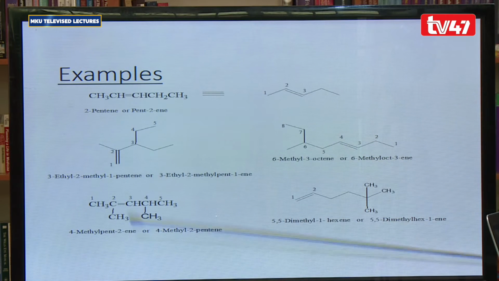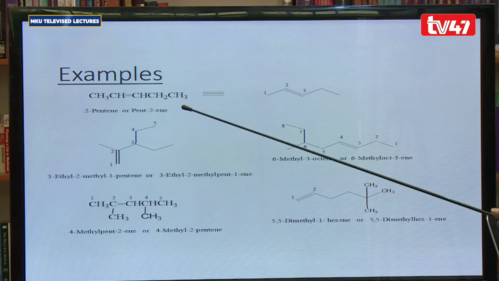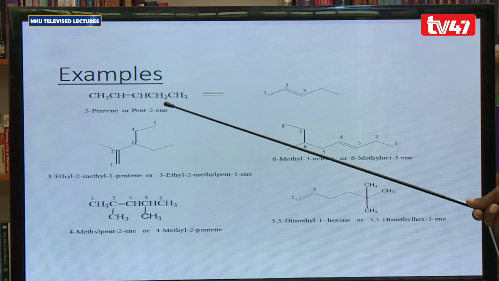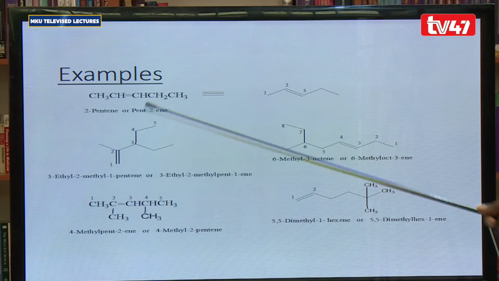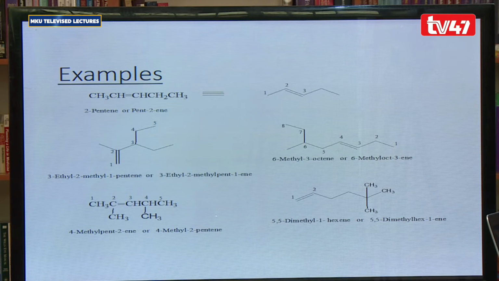It could have as well been in position 1, and this would have been two different molecules with varying chemical and physical properties. So in this case, when you are naming, you indicate the position of the double bond by indicating that it is in position 2. So you call it 2-pentene. But because you may have other suffixes, usually we put the 2 in between the prefix and the suffix. So the most preferred way is to call it pent-2-ene.